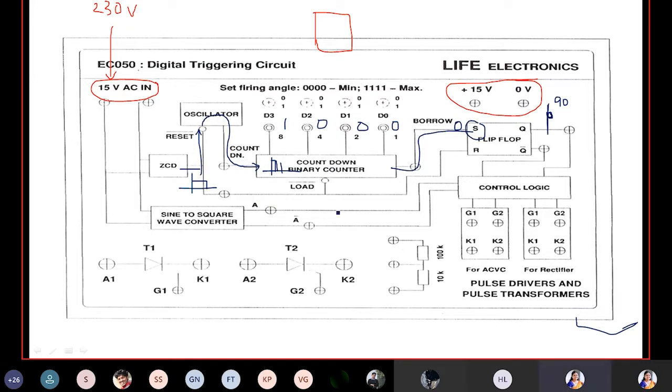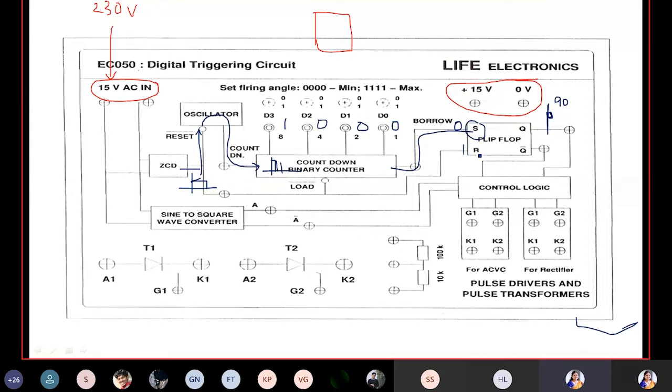This signal is passed as it is to R. At 0 degree, it is high, right here. So it will be 1.